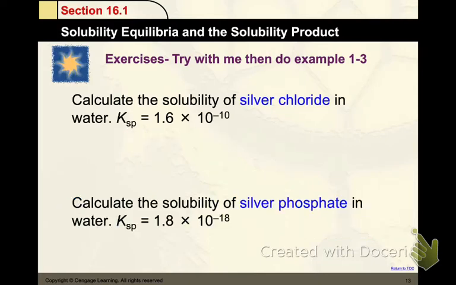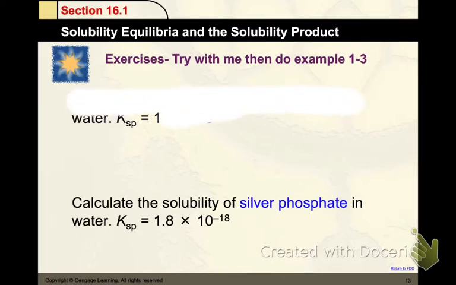Let's try the same thing for the solubility of silver phosphate in water. So let's give ourselves a little bit of room up here to solve our problem. Once again, first step, write out our equilibrium expression.